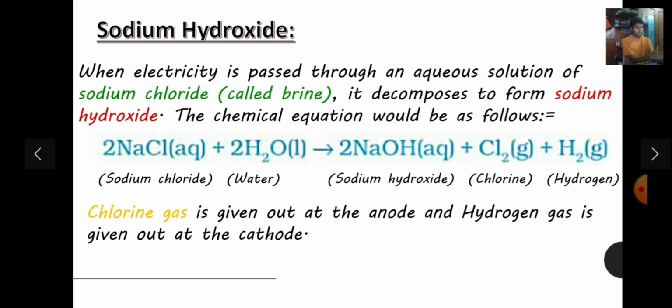Now on one side we have sodium and hydrogen cations, whereas on the other hand we have chlorine and chloride anion and hydroxide anion.